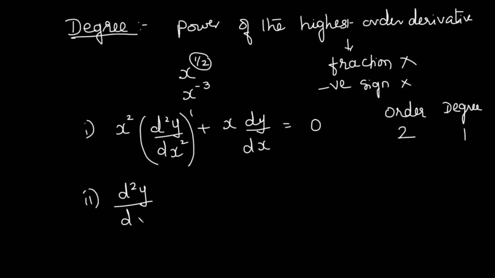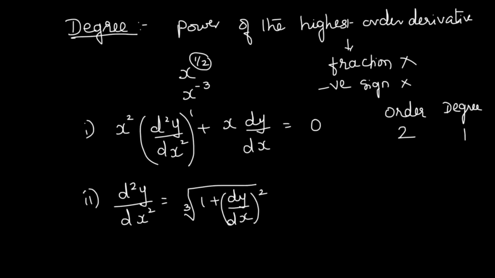d2y by dx2 is equal to, say, cube root of 1 plus dy by dx, say the whole square is given. Suppose we get an equation like this. Now in this, what we do first is that we have to remove this. See, this is a fraction actually.